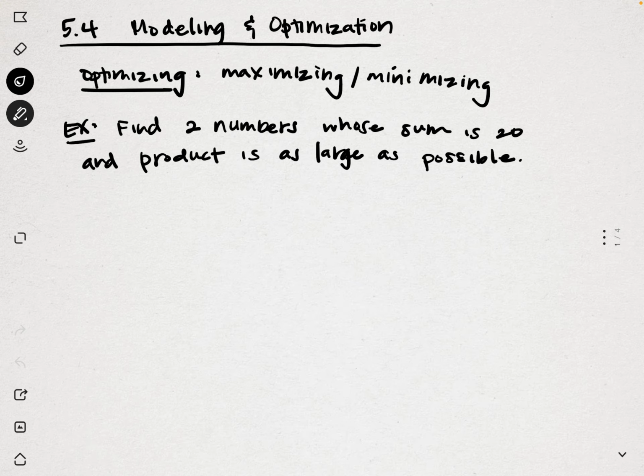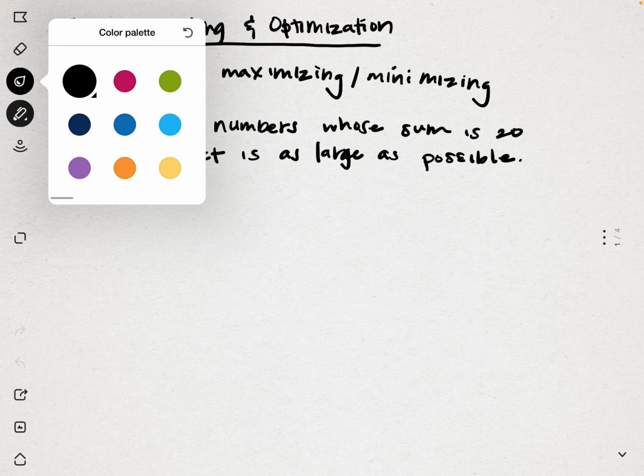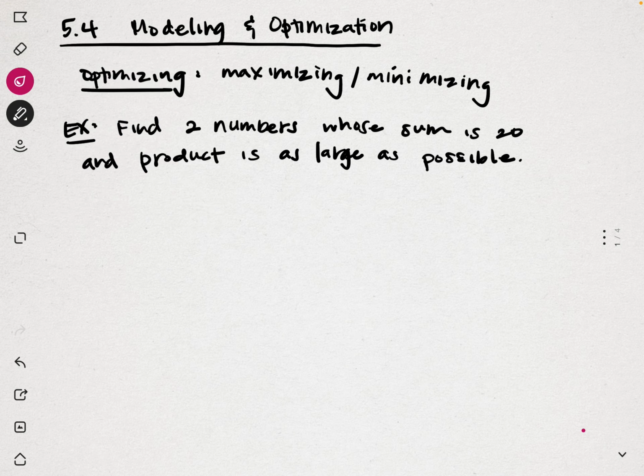For this example, it says find two numbers whose sum is 20 and product is as large as possible. So the key here, we know that we're adding them to get 20, and we know that the product is as large as possible. Let's say the first number is x.